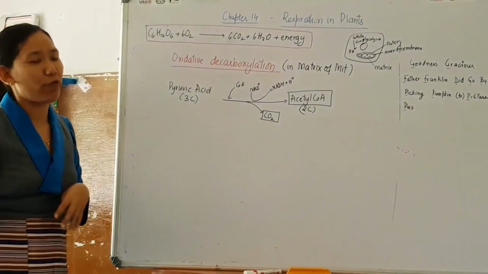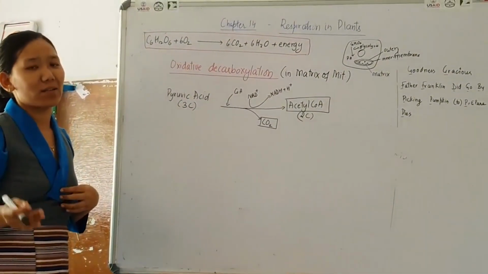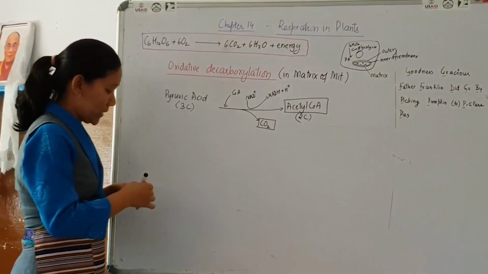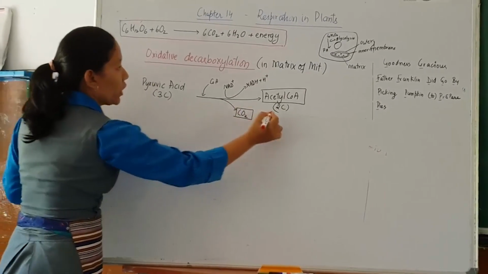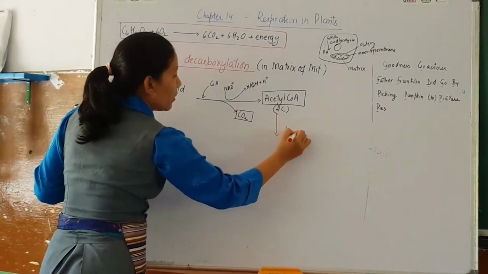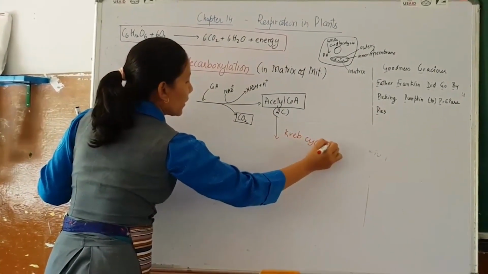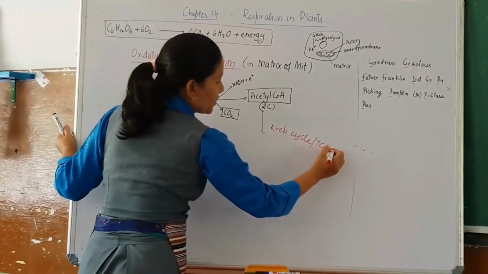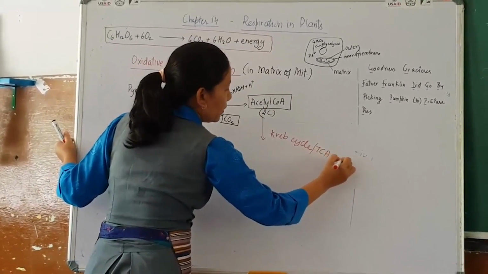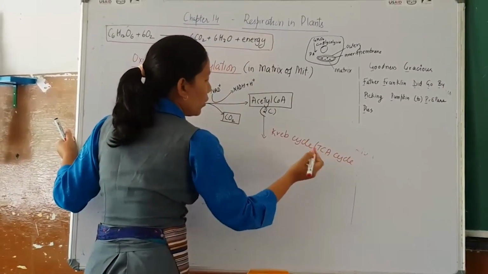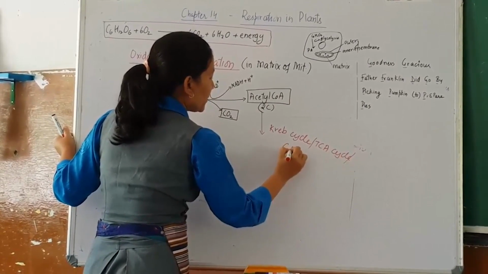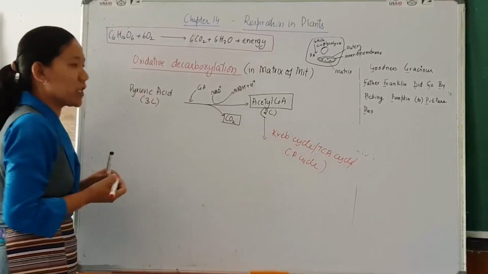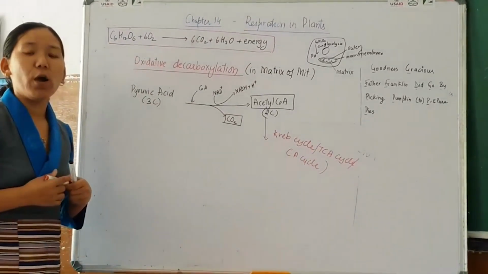That is the next step of reaction, explained by Sir Hans Krebs, called the Krebs cycle, or we call it the tricarboxylic acid cycle, or citric acid cycle, and this reaction also takes place in the matrix of mitochondria.